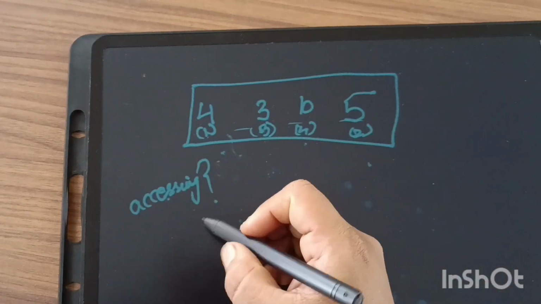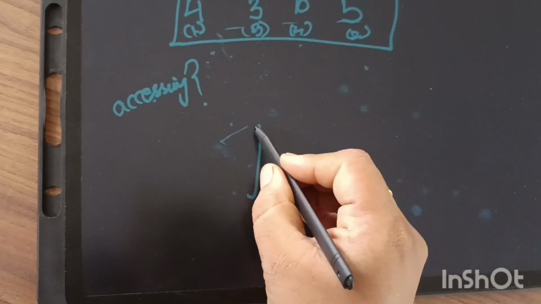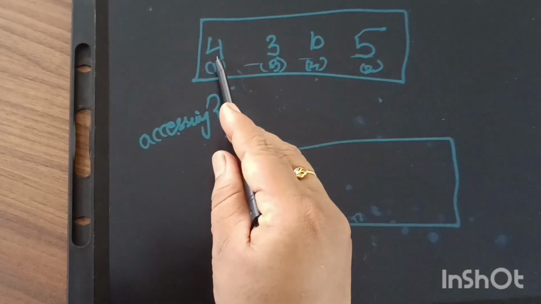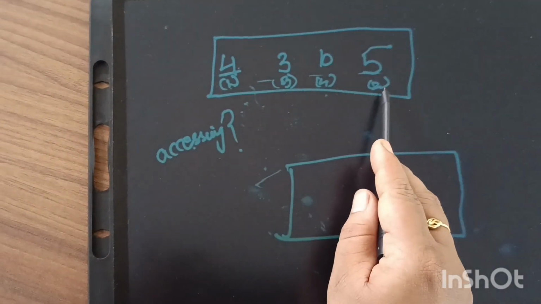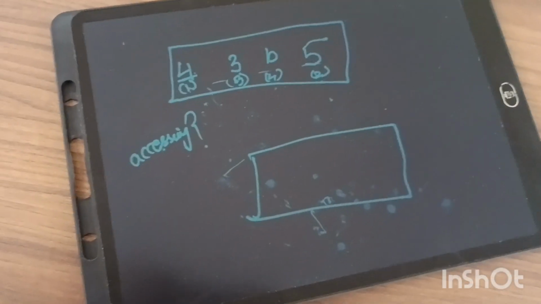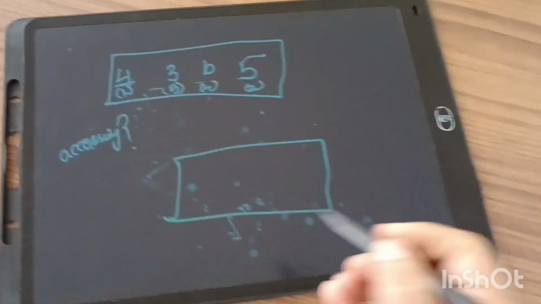For this purpose we are using the concept of linked list, where along with this normal data we are storing the address of the next data, the address of the memory location where the next data is actually stored.